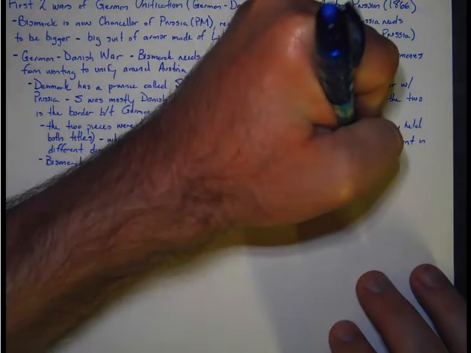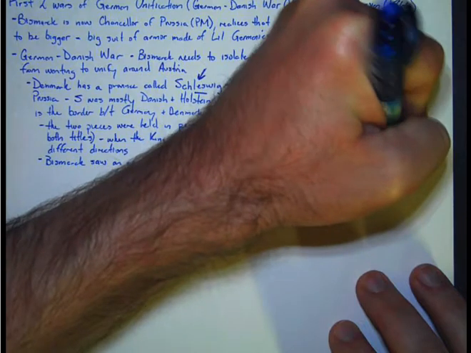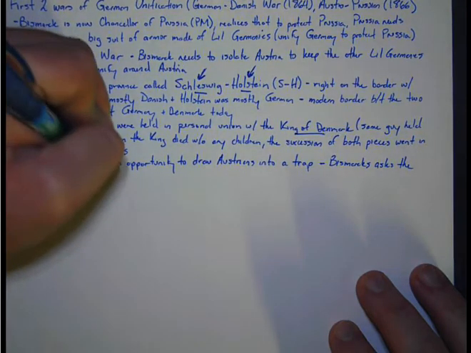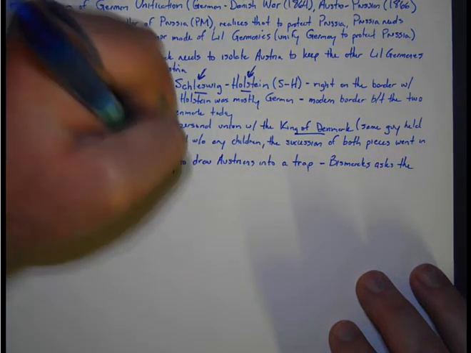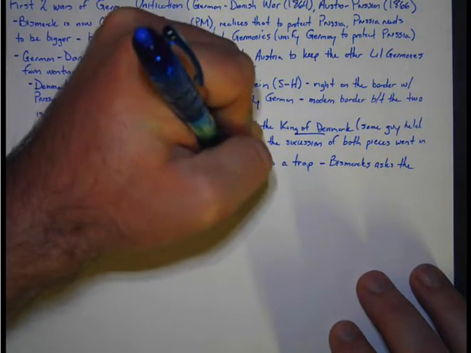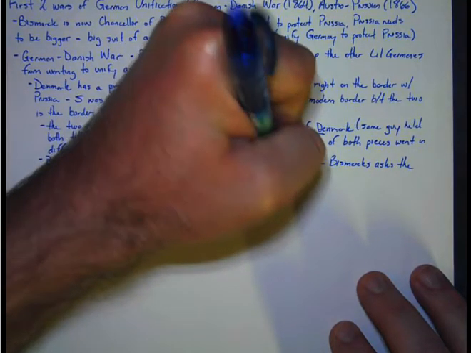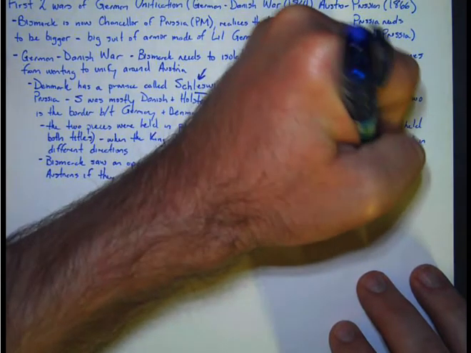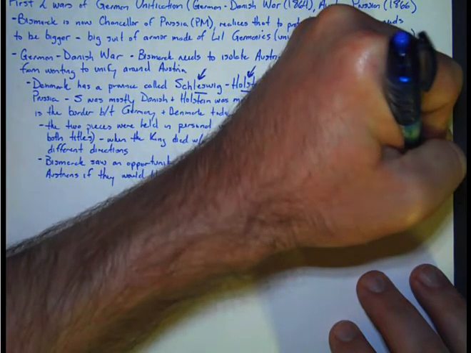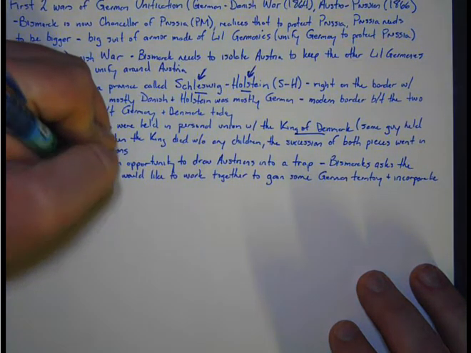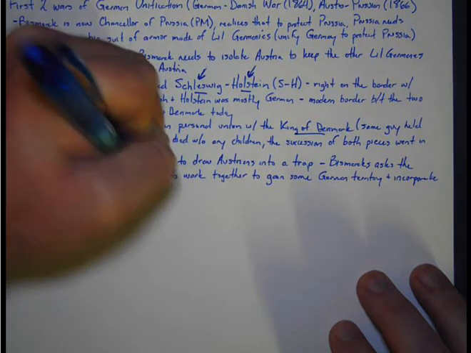So here's what they did. Bismarck asks the Austrians if they would like to work together to gain some German territory and incorporate more Germans into the Confederation.